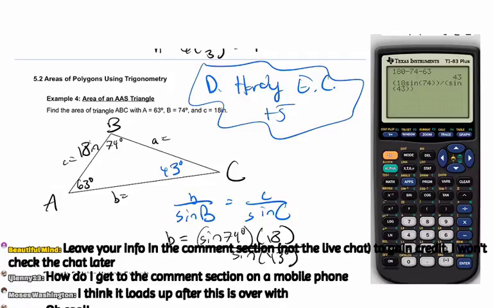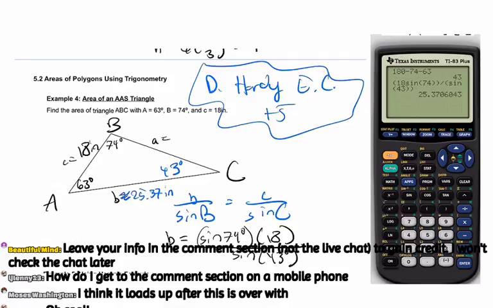So we get that side B is approximately 25.37 inches.